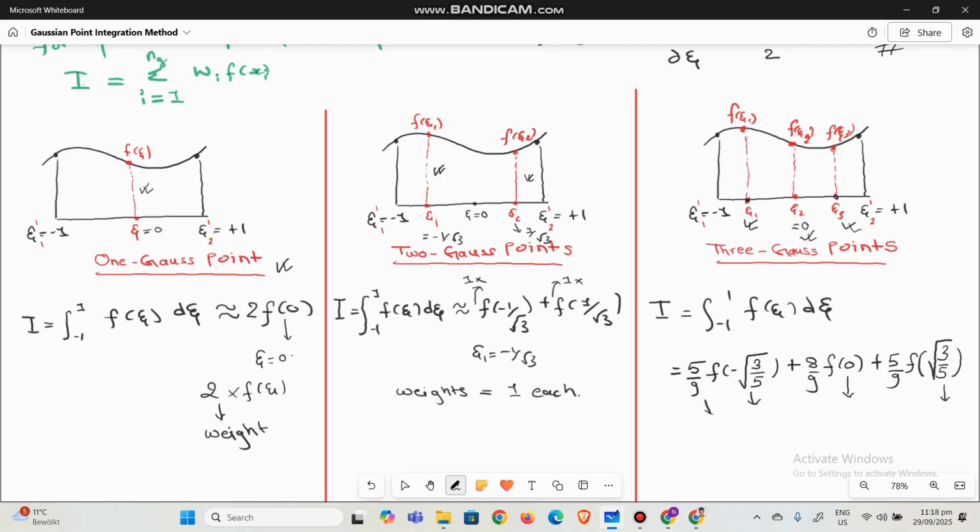And these are its weights: weight 1, weight 2, and weight 3. Just solve this and then you're going to get the integration value, which is basically the area under all these curves.